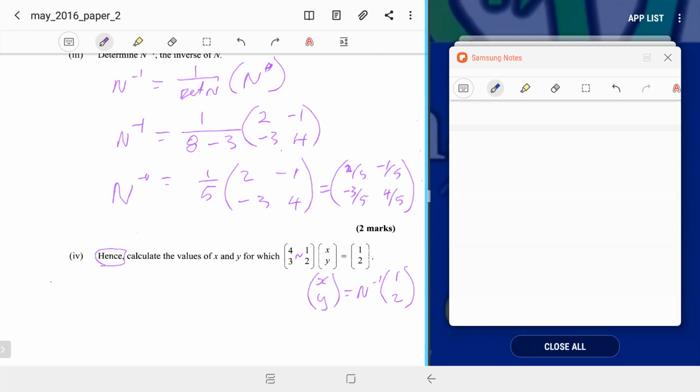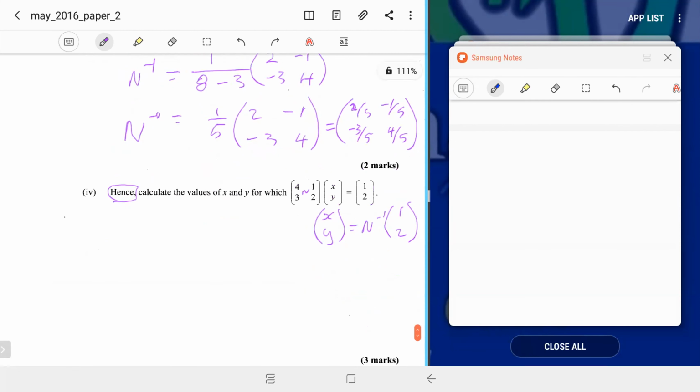So I need to put my N to the minus 1 matrix here. This is N to the minus 1 that I'm going to put right in front there. Leave the fraction for last. Don't work with this one, because you're going to be working with those 1/5, 2/5, 3/5 and mess it up. Leave the one with the fraction for last. So now my xy becomes N to the minus 1.